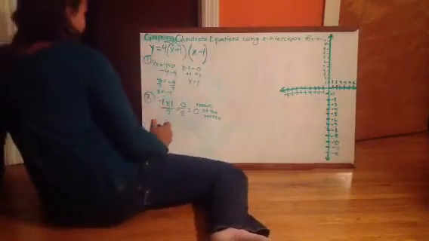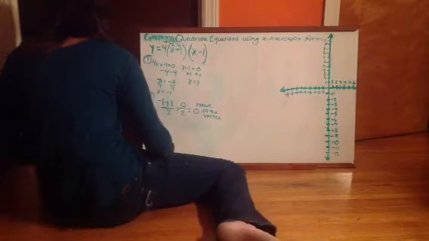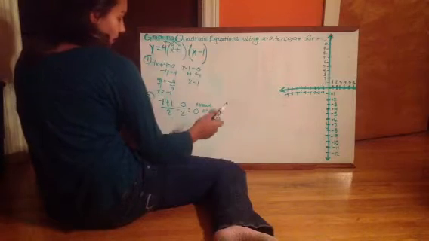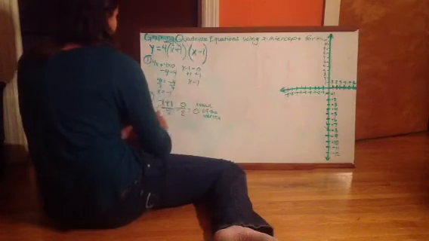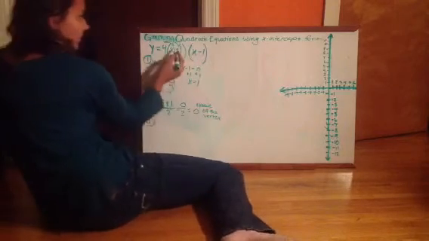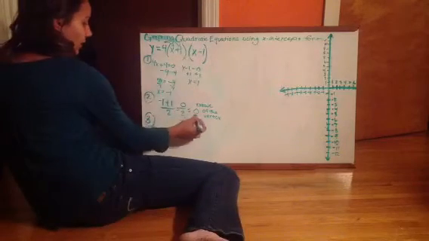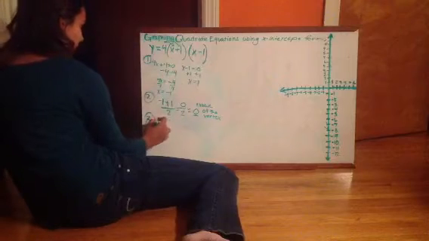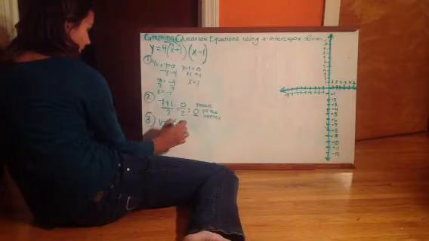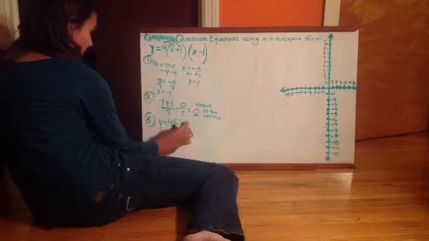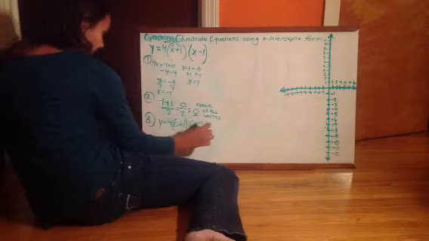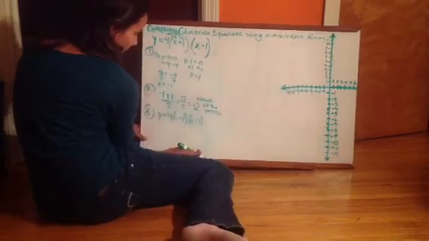Now, our next step, we're going to find the y value of the vertex that is on the line of symmetry. And we're going to do that by substituting the x value into our original equation. So y equals 4 times (0 plus 1) times (0 minus 1).